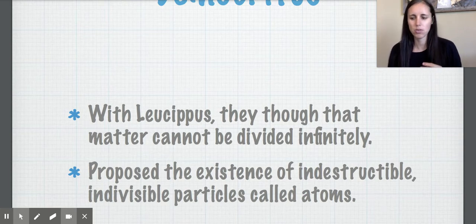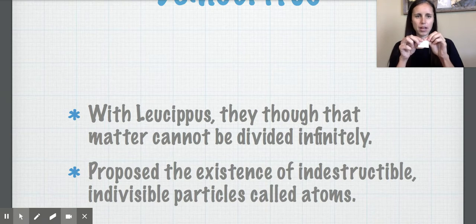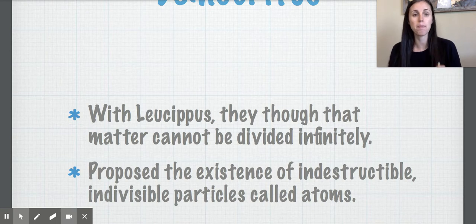So he said if you take something, let's say you take a piece of paper, and you rip it in half, and you rip it in half, and you rip it in half, you're eventually going to get to a piece of paper so small that you can't rip it in half again. So matter cannot be divided infinitely. Eventually, you'll get to the smallest unit of paper or whatever you're dividing, and that's what he called the atom.